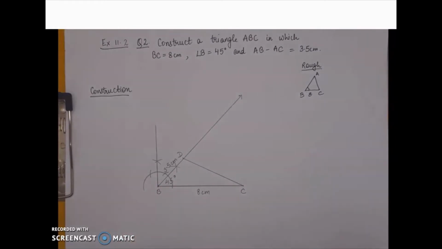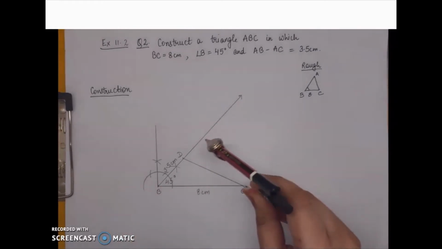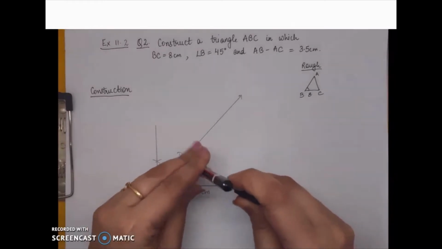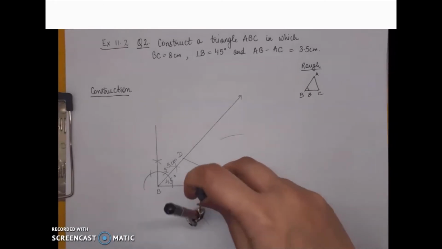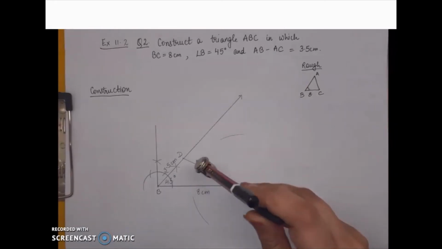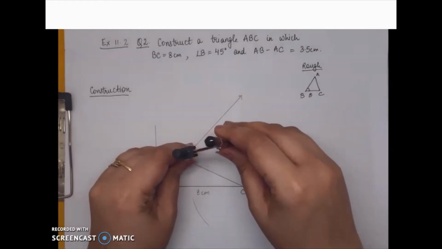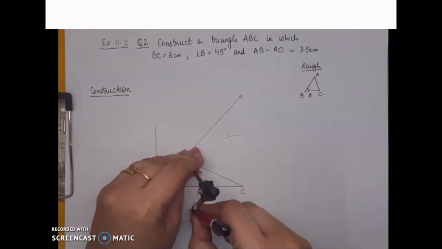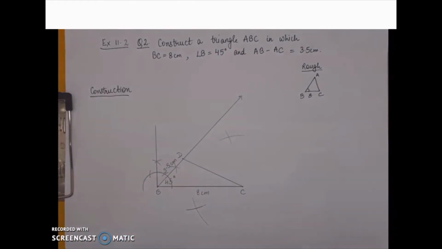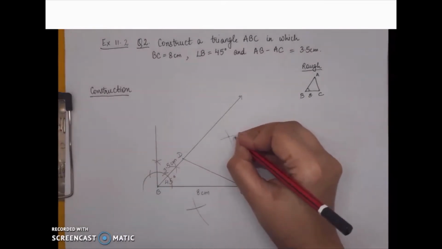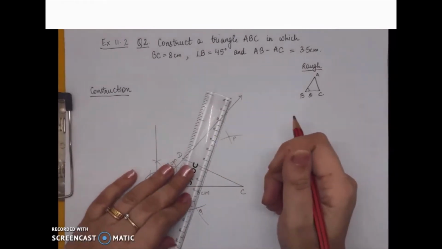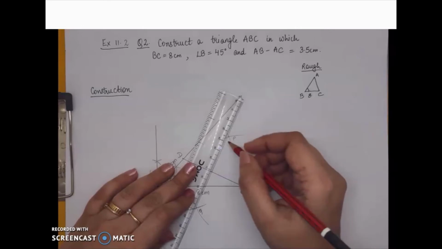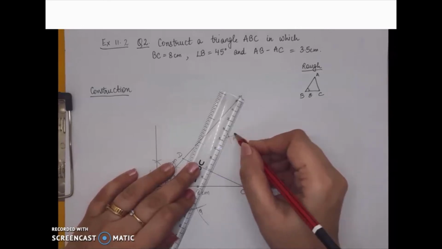Then you will draw perpendicular bisector of DC. This is the perpendicular bisector of DC. You will join this.